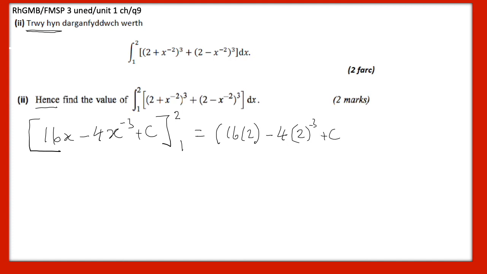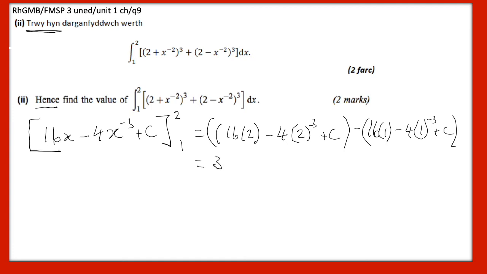I've already said I don't really need the c in there, but I'm going to keep it there just to show what happens, minus, then I've got 16 times 1, the lower limit, minus 4 times 1 to the power minus 3 plus c. And you notice I've bracketed my second function. In fact, I've bracketed both of them, and that negative sign must distribute, so I've got to be very careful.